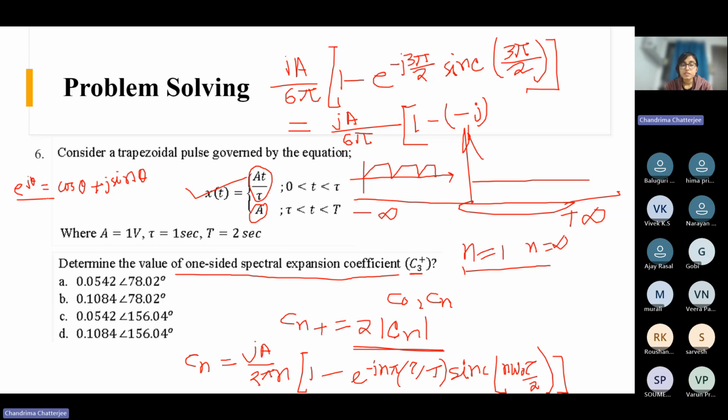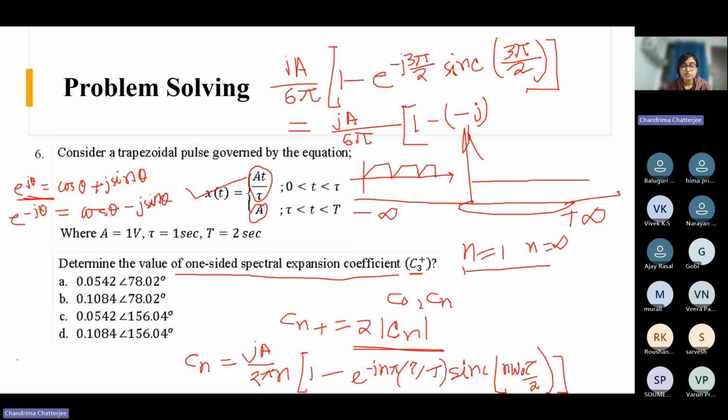This is how we represent a phasor. And e to the power minus j theta is cos theta minus j sin theta.